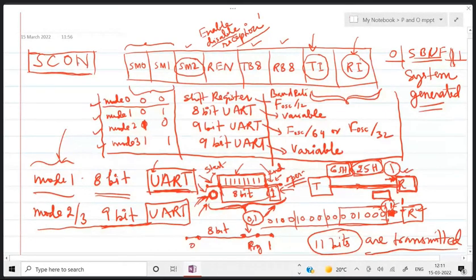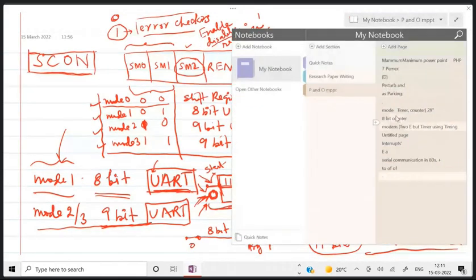I told you that definitely it is a bit, that means it could be either 0 or 1. 1 is for error checking. The SM2 bit becomes 1 when you make it 1, and this is a programmable bit. So when it is 1, it is in error checking mode. So let me now explain what error checking is.